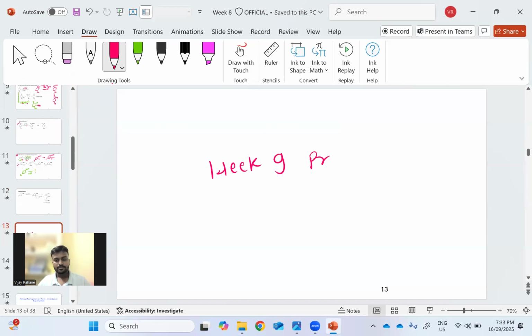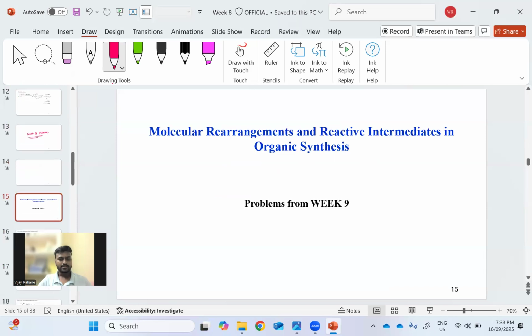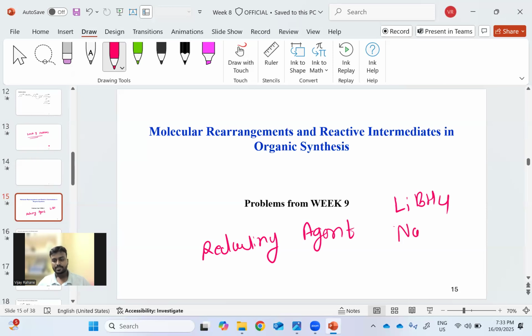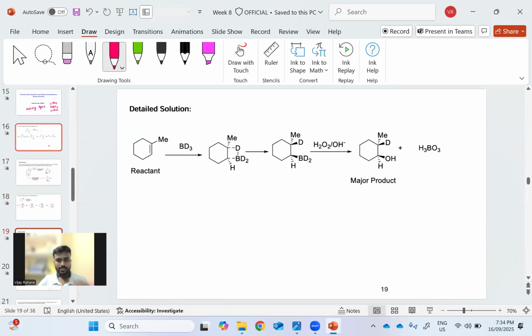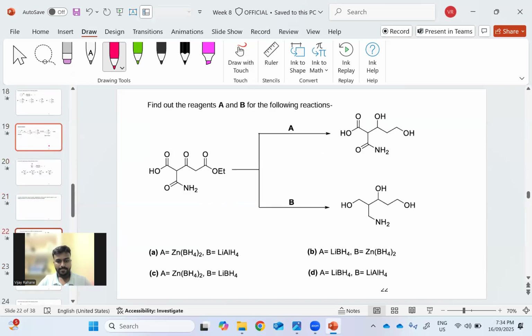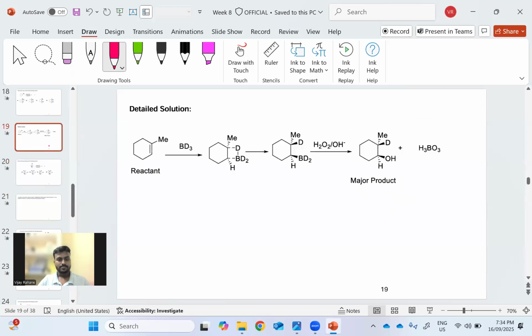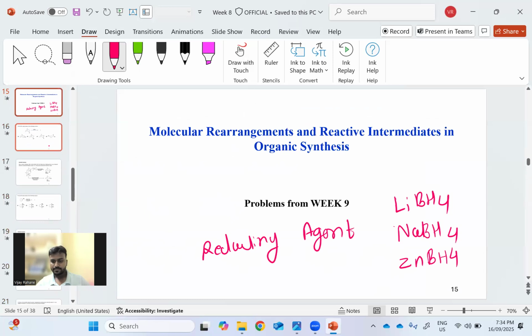Week 9 is basically based on reducing agents like LiBH4, NaBH4 and zinc borohydride, Zn(BH4)2, I think we have seen that also, and along with this, BH3 THF.